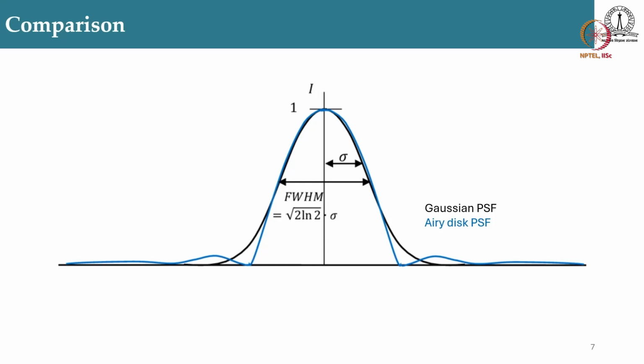Just to compare, here we are comparing a Gaussian PSF with an airy disk PSF, and you can see the central dome can be approximated pretty well using a Gaussian PSF. So that is actually the idea of a Gaussian PSF.